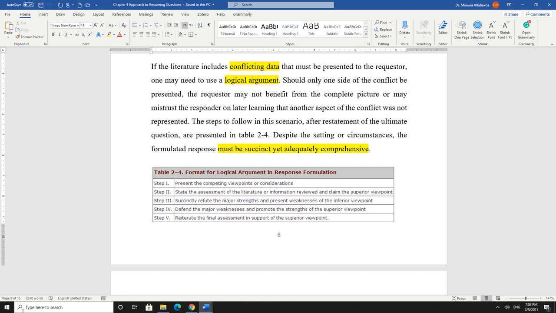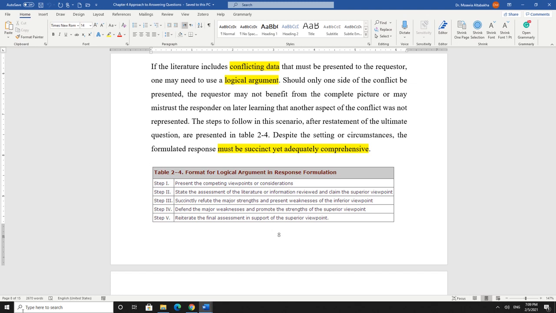So regarding the strength in the weaker viewpoint, your point of view is that one of them is weak, but this weak one has some strength. So you have to talk about the strength and say they are not really good enough, and present the weakness of the inferior viewpoint.